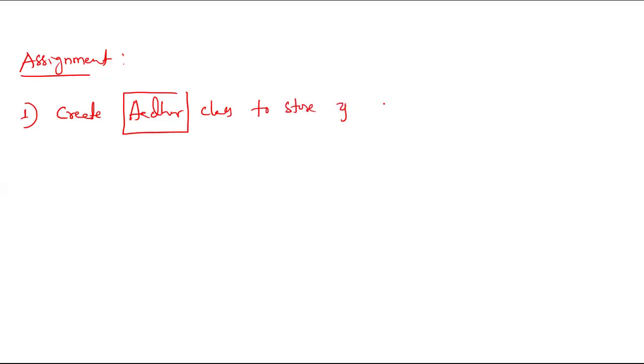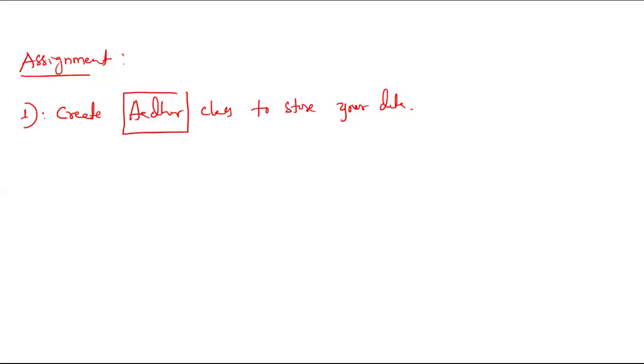First one, create one class, class name is Aadhaar. The purpose of it is to store your data. Try to use different variables to store different types of data from the Aadhaar. Dummy information only. Don't give the actual information. This is only for practice.